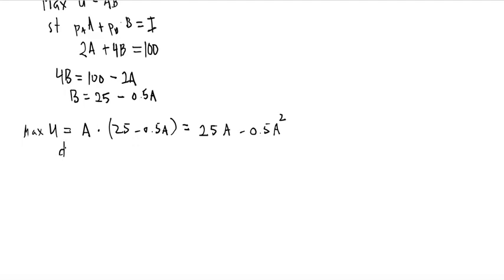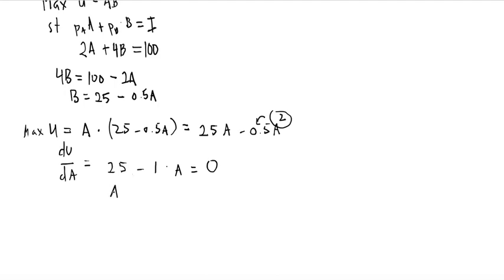So the way we do that, we take the derivative of u with respect to A. And if I just go ahead and do that, that's going to be 25 minus, and you know, our exponent is just going to come down. So 2 times 0.5 is just 1 times A equals 0.